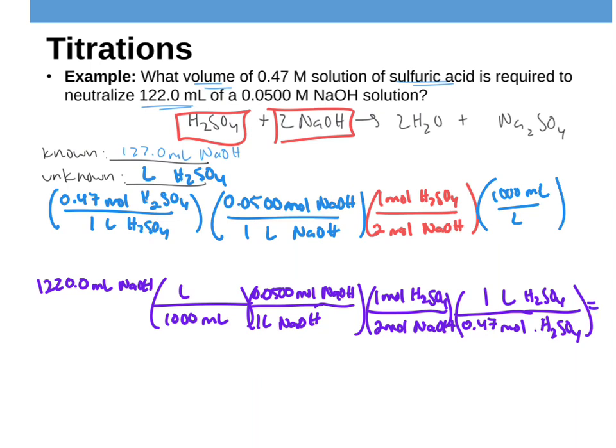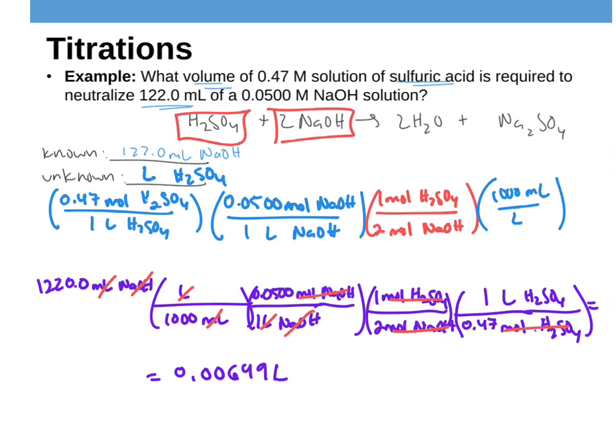All my units should cancel out. I've got milliliters and liters, hydroxide and hydroxide, liters and liters, moles of hydroxide, moles of hydroxide, moles of sulfuric acid, moles of sulfuric acid. I'm left in liters of sulfuric acid, which is what I wanted. So if I do that math, I end up getting 0.0064 and I guess 9 to keep my 3 sig figs.